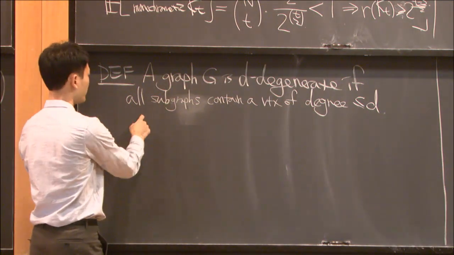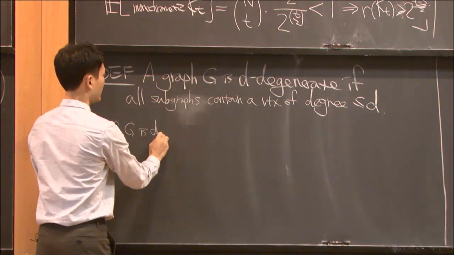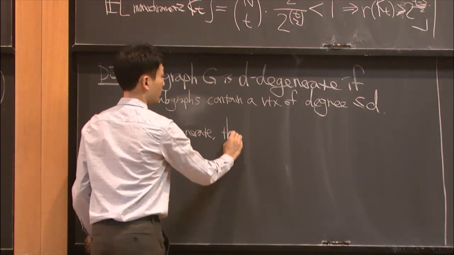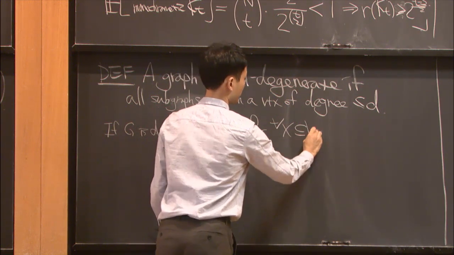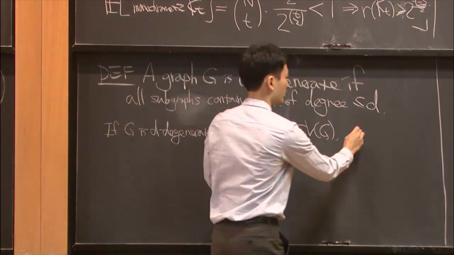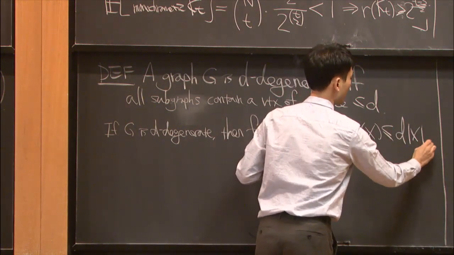First, note that this in particular implies that if G is d-degenerate, then for all vertex subsets X, the number of edges inside X is at most d times |X|.